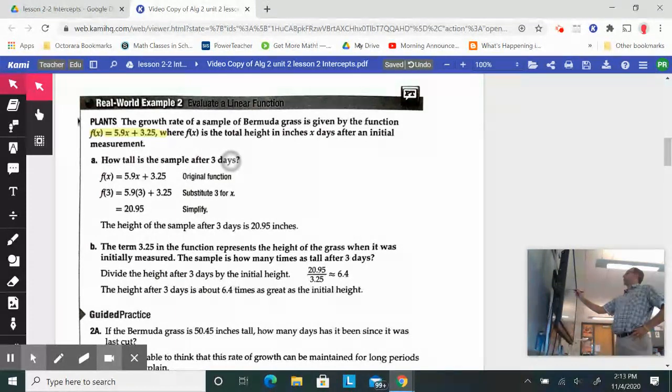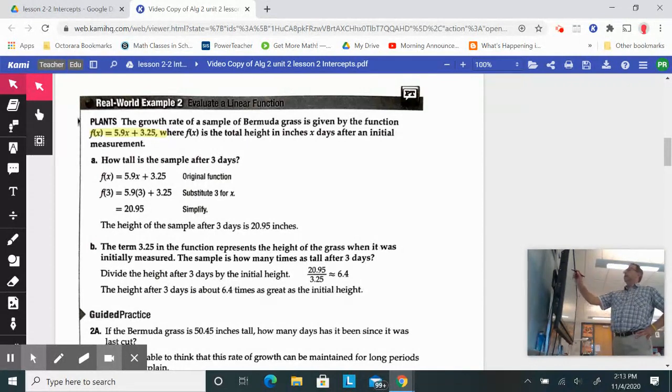So you put the 3 in the function where x, here it says x is the number of days, and the f of x is the total height of the grass. So you can actually calculate how high this grass is. So you have all these mathematical equations set up so they can measure the heights of grasses, believe it or not.